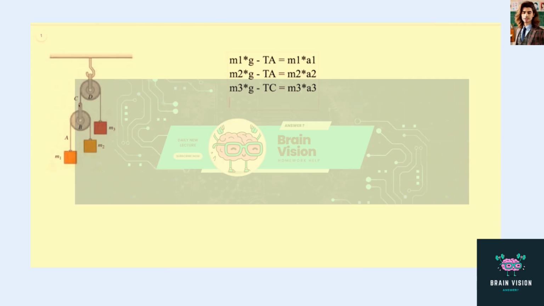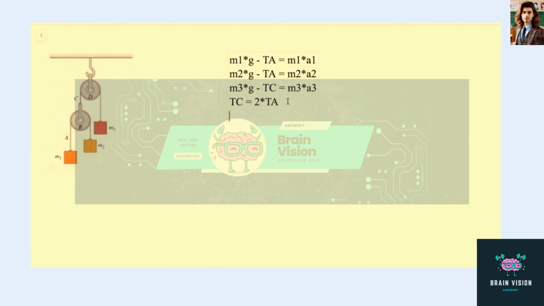So we know that TC here is going to have to be equal to 2 times both these tension forces pulling this. If one of these tension forces was different, then we would end up with a twisting rotation. This pulley wouldn't be stable. So we know that TC has to be equal to 2 times TA. So that'll help give us one more variable.